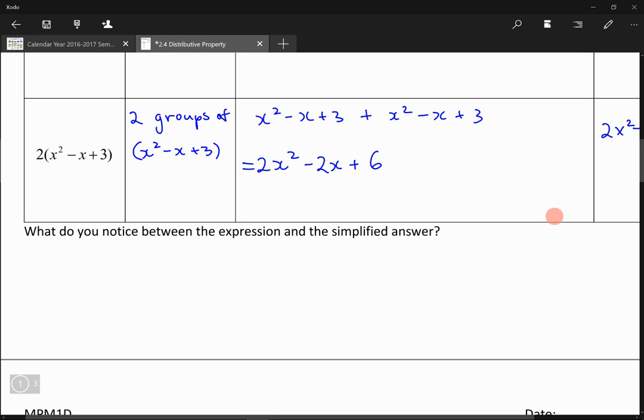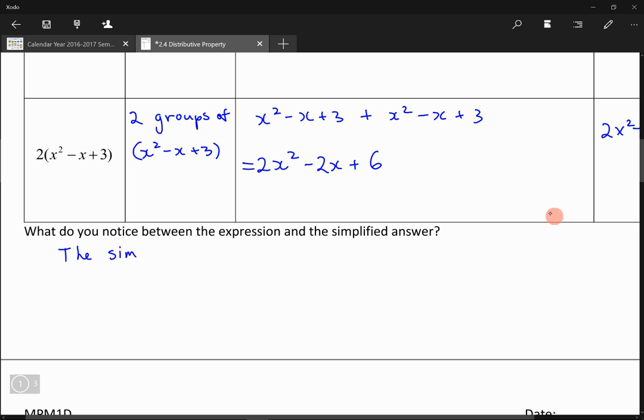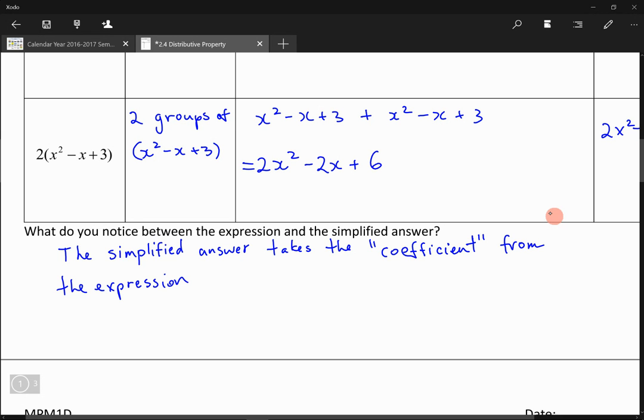So what do you notice between the expression and the simplified answer? The simplified answer takes the, let's call it this coefficient, from the expression and multiplies it with every term inside the bracket.